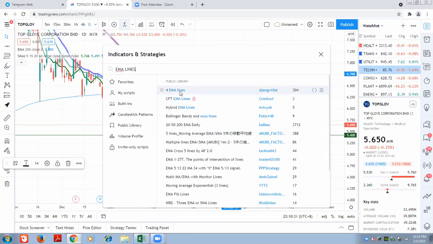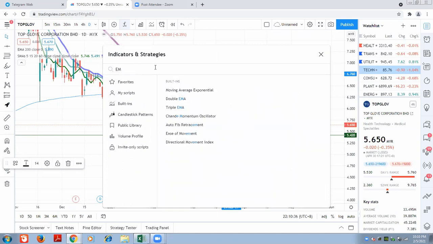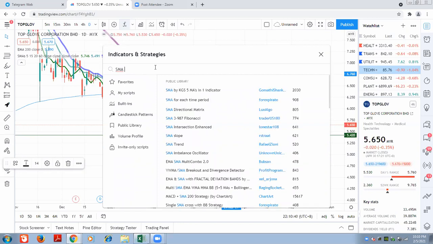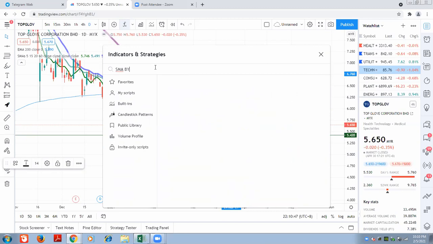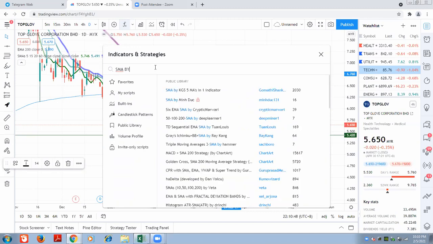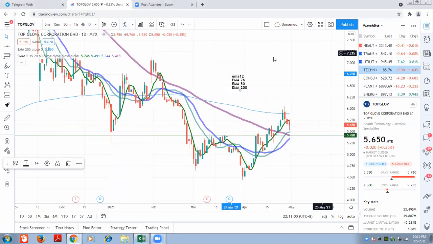And then for SMA, go to the SMA by Vita. So these two free tools you can have to monitor.